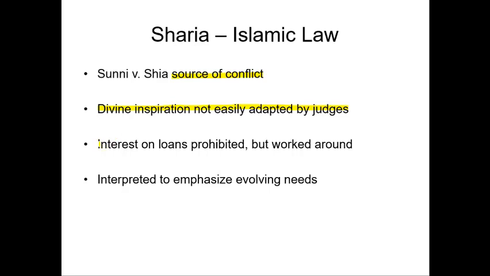And you also have to massage it to make it work with modern economics. For example, in some cases, interest on loans is doctrinally prohibited but worked around in order to conduct business. And so, much like a constitution, it would be interpreted to emphasize evolving needs.